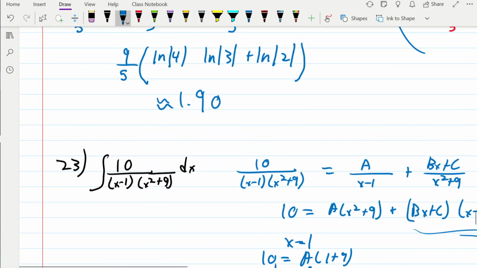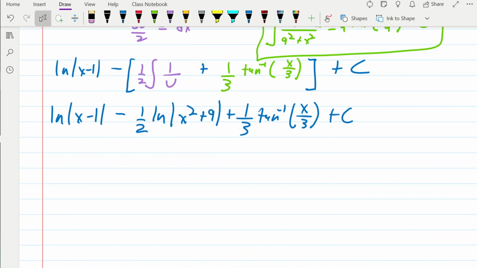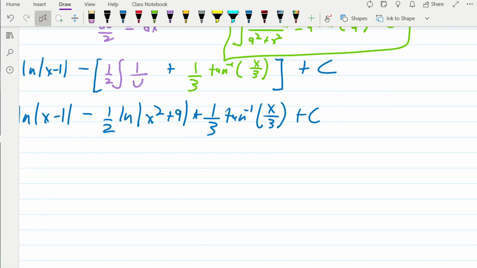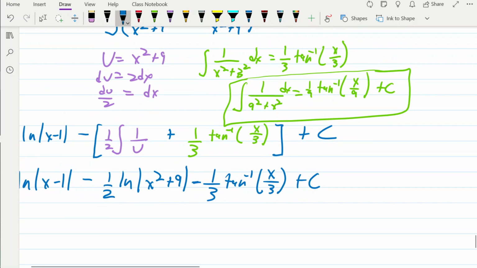I think this is 23. Yep. ln of x minus 1 minus 1/2 ln x squared plus 9 minus... Oh, it's a minus 1/3 right there. I guess it's supposed to be a minus up here then.